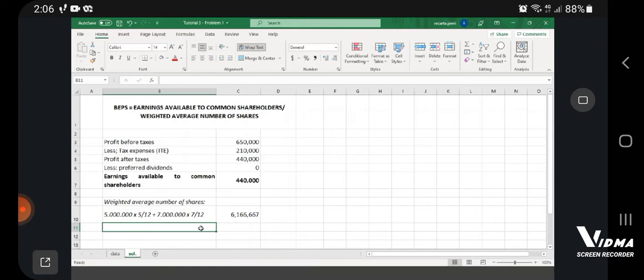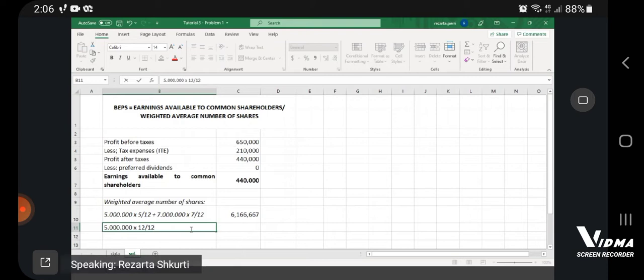The other way, which is the same thing but which some may find more useful, is that we can assume that we have the 5 million shares from the beginning until the end of the year, so they are available for the whole year, multiplied by 12 and divided by 12, plus the rest of 2 million shares we have been issuing or outstanding only for 7 months.